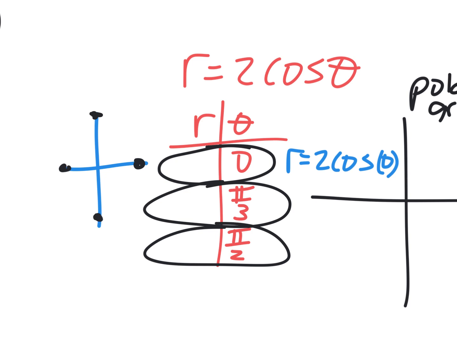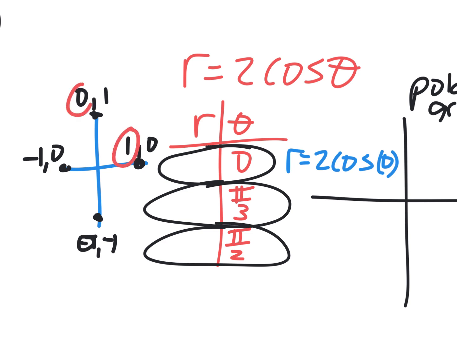All right, so this is (1, 0), this is (0, 1), (-1, 0), and (0, -1). Then, if I want the cosine, that's the x value.